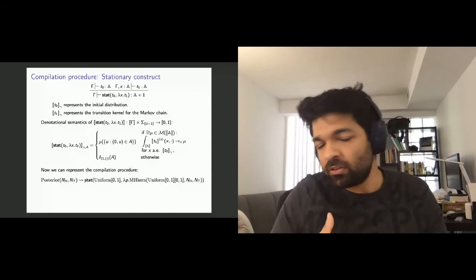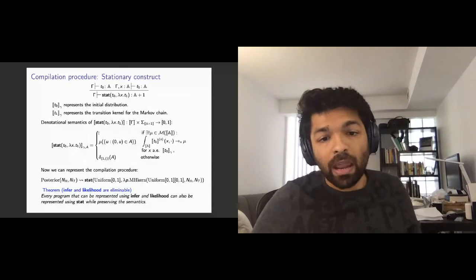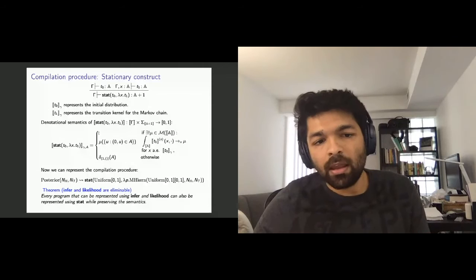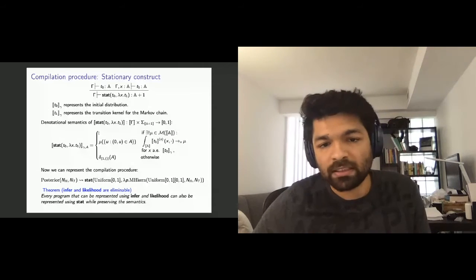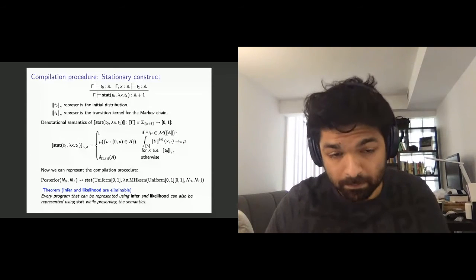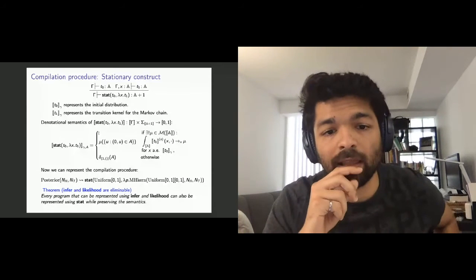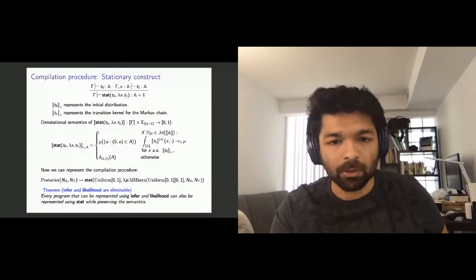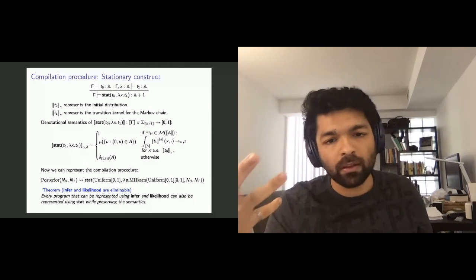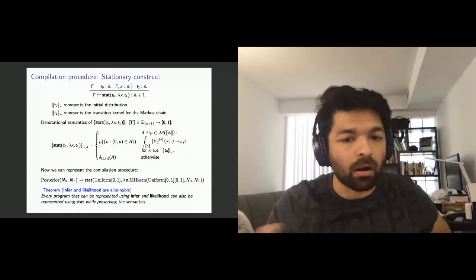And it turns out this procedure is very general. For every program that can be represented using infer and likelihood, it can also be represented using this stat construct. So essentially, in programming language terms, the infer and likelihood constructs are eliminable. We can eliminate them from the language while still preserving the representation power of this language.